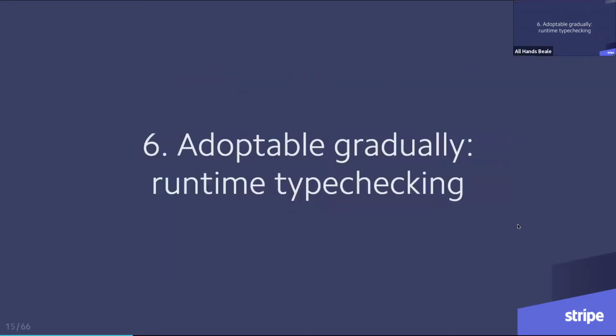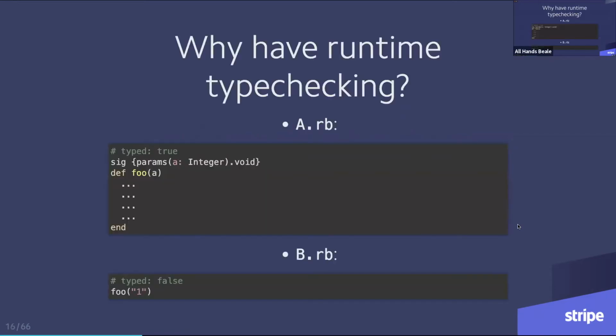Good. And another thing which was super important for gradual adoption is runtime type checking. So let's say you have this snippet. You have a typed file A, where somebody wrote a function foo that says the proper way to use me is I take an integer. You have another file B, which is untyped. So you're not going to verify if it's calling functions correctly, and it passes a string.